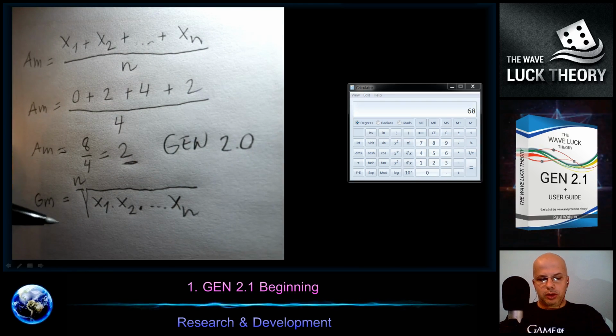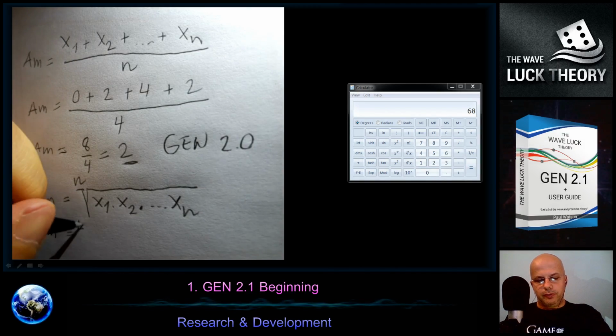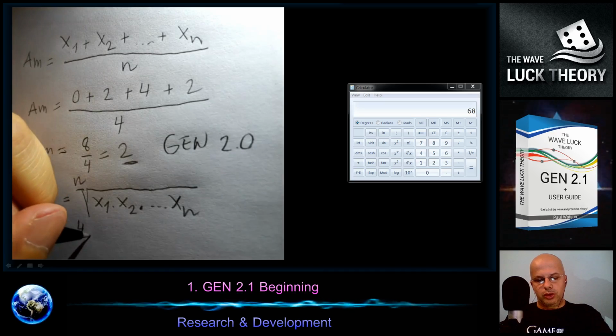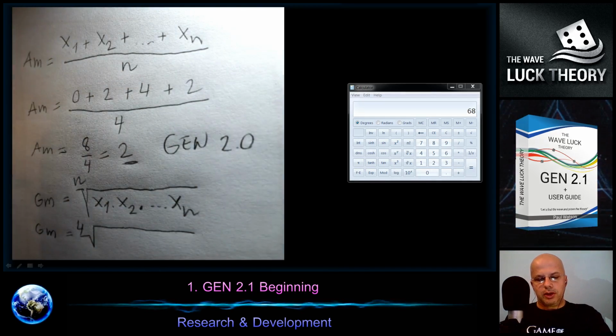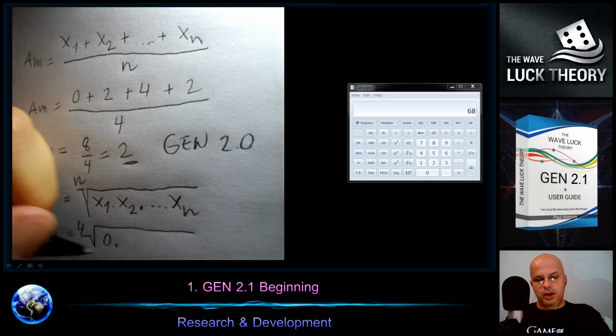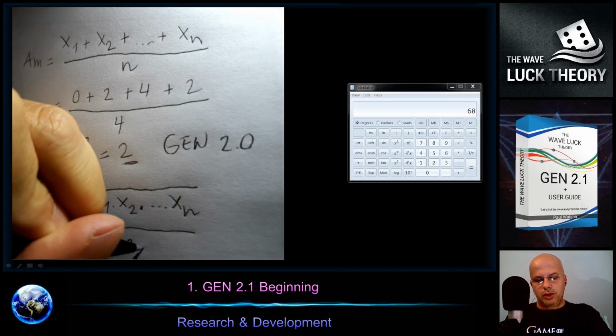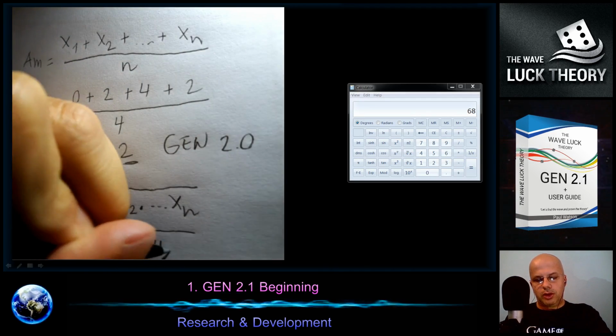So we can write here GM, if we fill in the values, is the fourth root of 0 times 2 times 4 times 2.